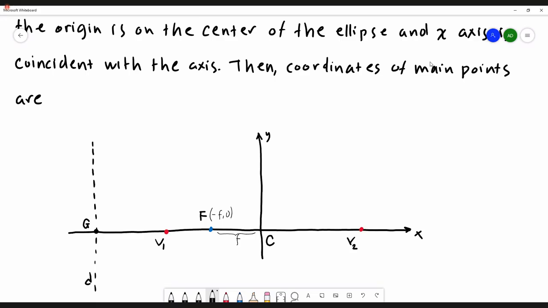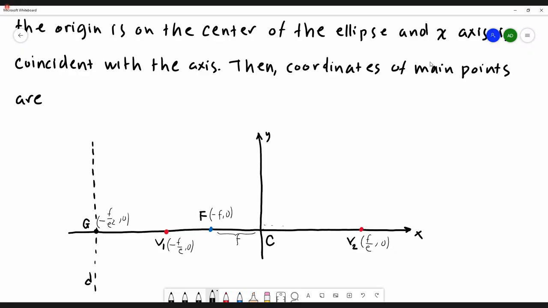Now we have seen that the distance from C to V2 is f over e. So this point has coordinates f over e, 0, and this one minus f over e, 0. And point G has coordinates minus f over e squared and 0.